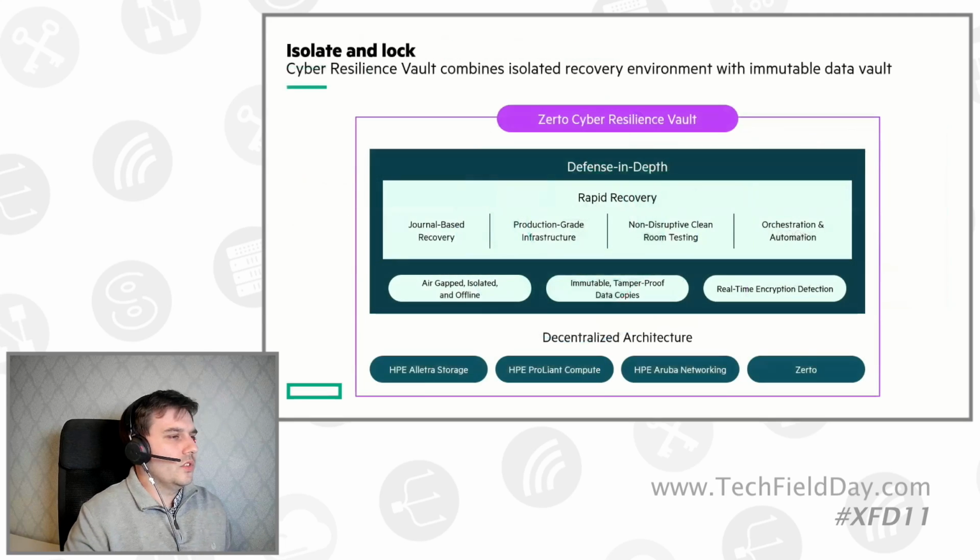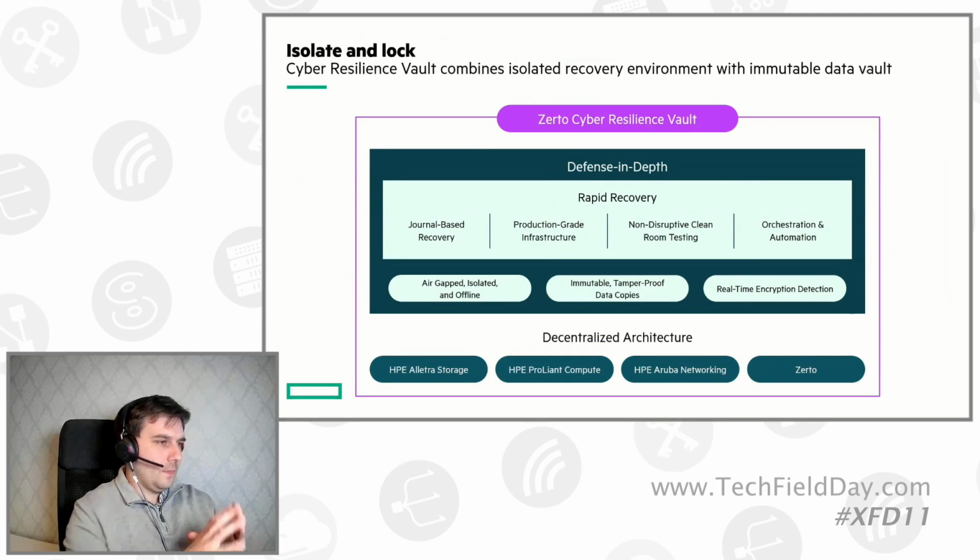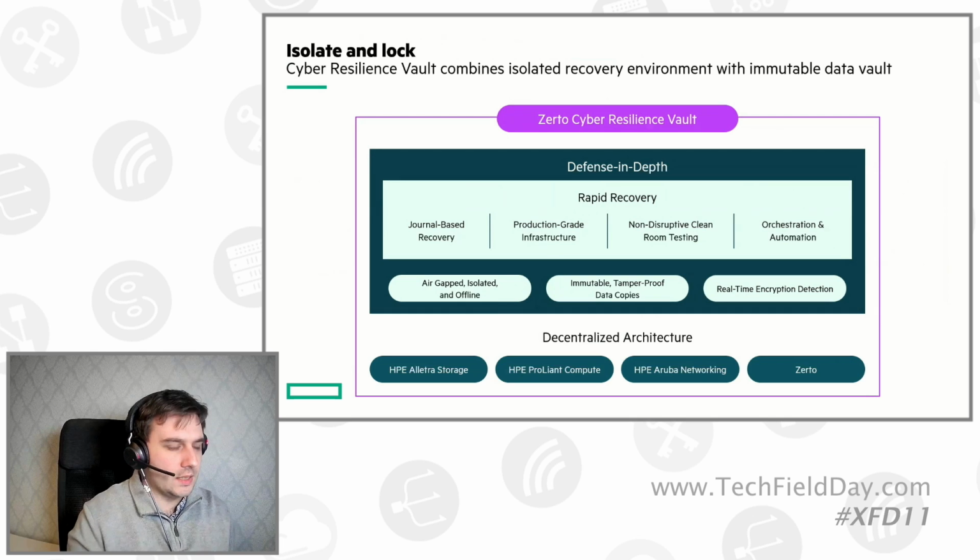So what does the Cyber Resilience Vault look like? It is all of this in the picture. Defense in depth, so journal-based recovery, as we mentioned previously. This will become a bit clearer in Matt's session as well, how this hangs together. We're using production-grade infrastructure. We're combining a data vault with a clean room in a single solution and building around the orchestration automation inside of the Zerto platform already.